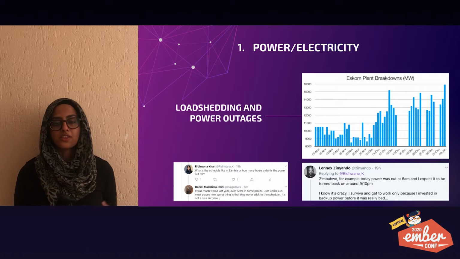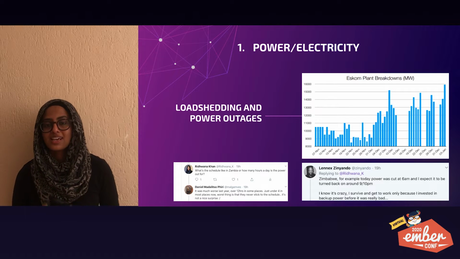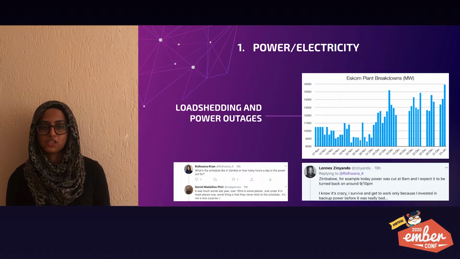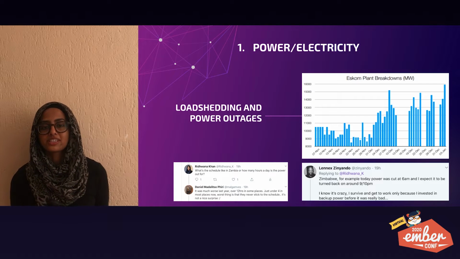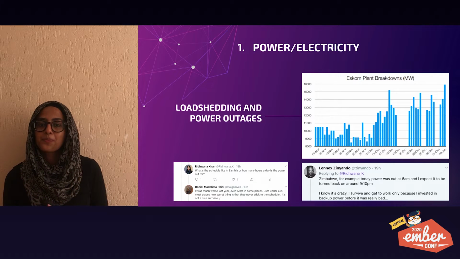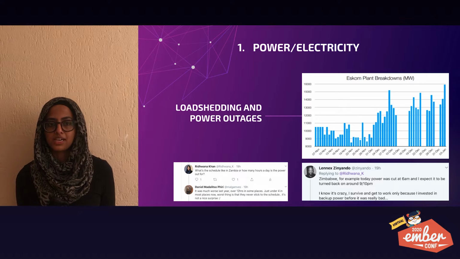This is a graph on the slide showing the plant breakdown of energy over the 2 months. It is absolutely insane to think that our plants break down as much. In other African countries like Zimbabwe and Zambia, as you can see from these tweets, the power has turned off unexpectedly for around 12 hours at the time.